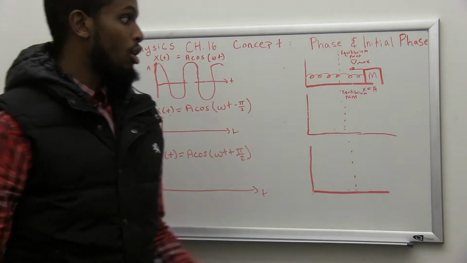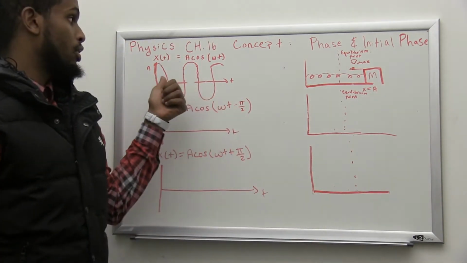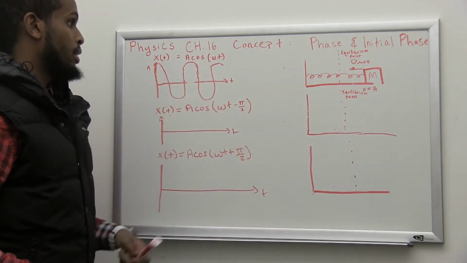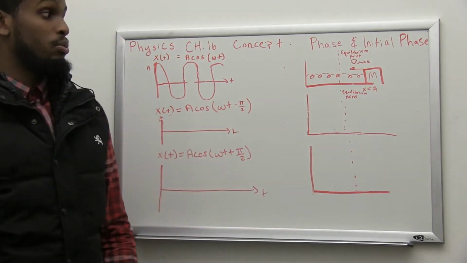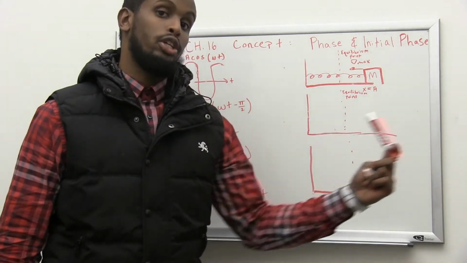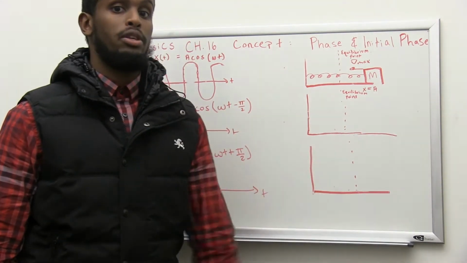And because it's all the way over there, the velocity is going to be pushing this way, because it's been stretched so far to the left that it's coming this way.